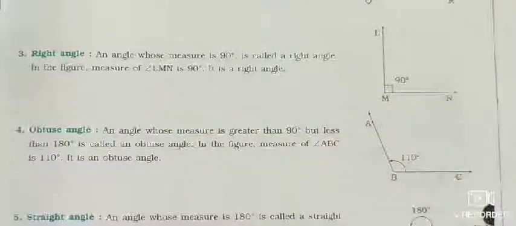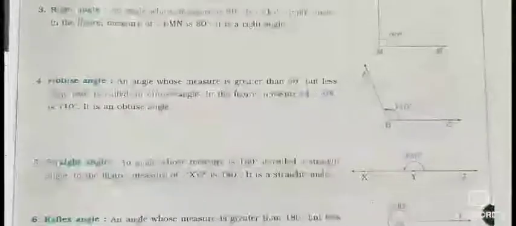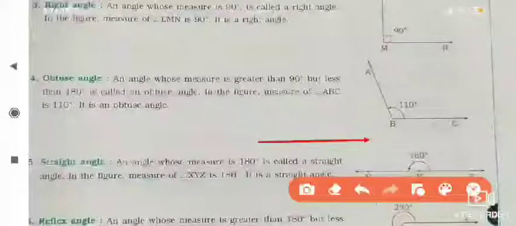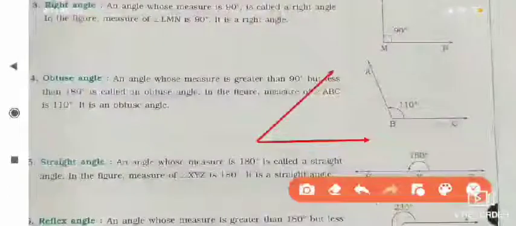Okay, now the next angle is the obtuse angle. As you know, the measure of an obtuse angle is greater than 90 and less than 180 degrees. Now I will show you. This is the first arm, and if this arm is here, it is an acute angle.